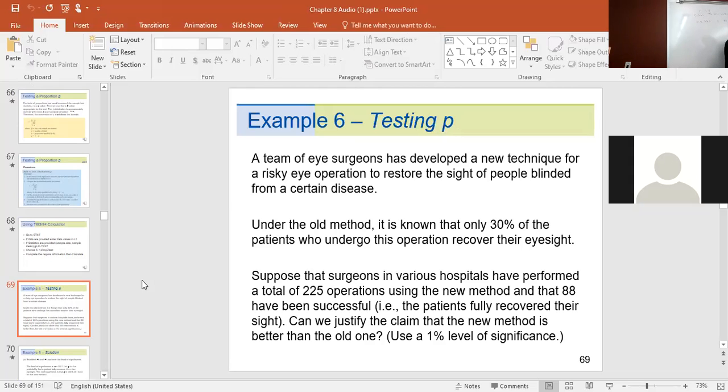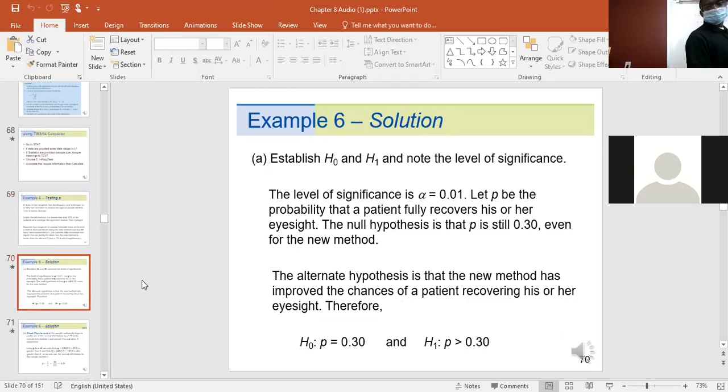So the sample proportion is 88 over 225, which is equal to 0.39. So the null hypothesis will be p equals 0.3. Alternative hypothesis, p is greater than 0.3.